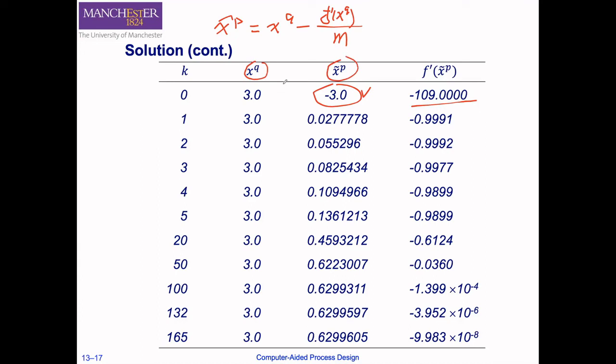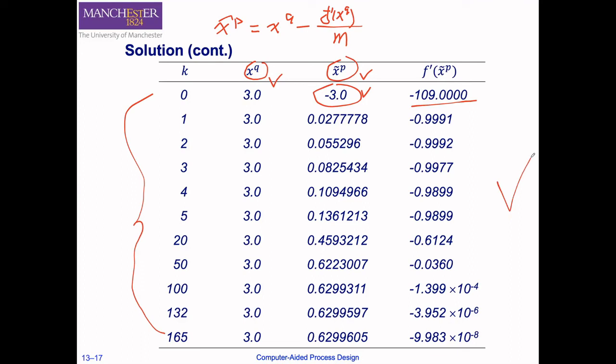Then we select xq and x tilde p as the 2 points for the next iteration. We do iterations. The values of xq and x tilde p and the first order derivatives at x tilde p in all iterations are given in this table.